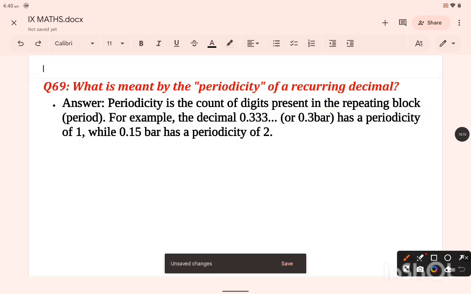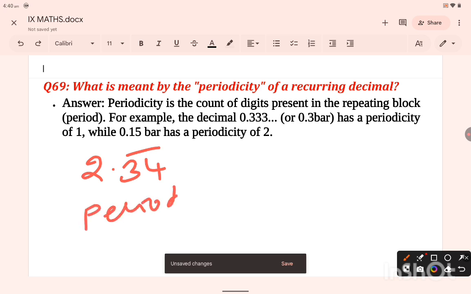Now one more example. 2.34 bar. Period is equal to 34. The digits which are present in the repeating block, 34, are known as the period. Periodicity is the number of digits in the repeating block.